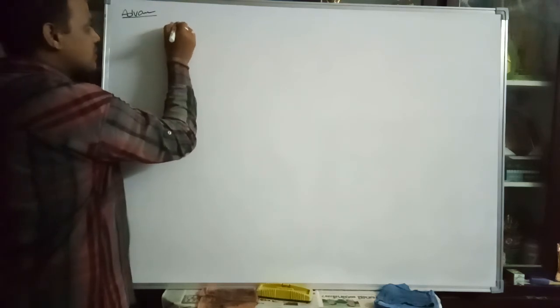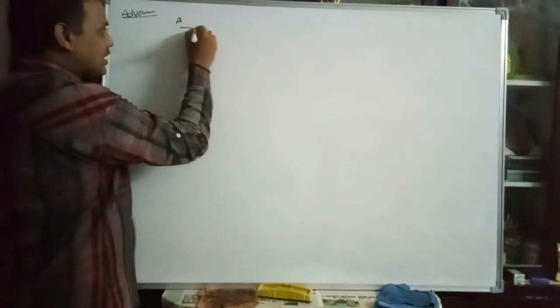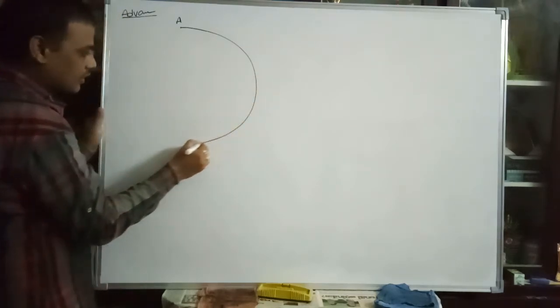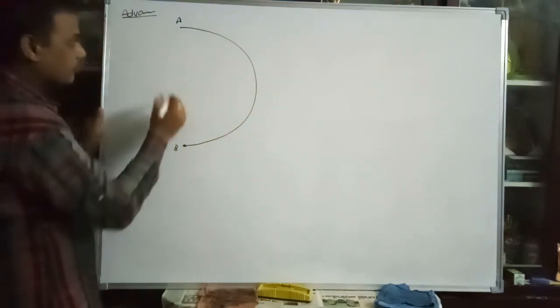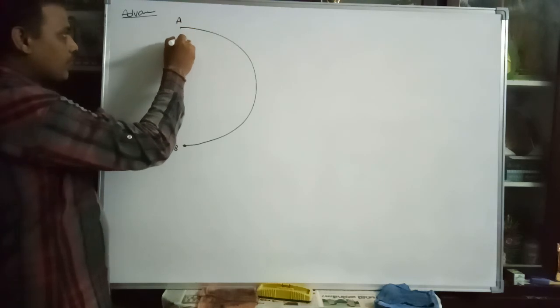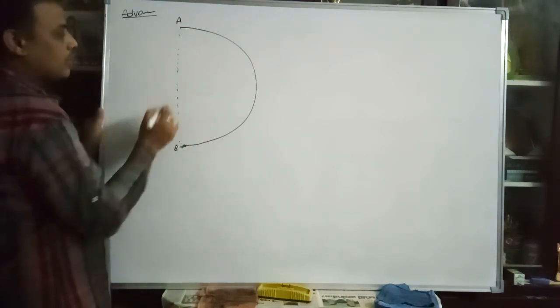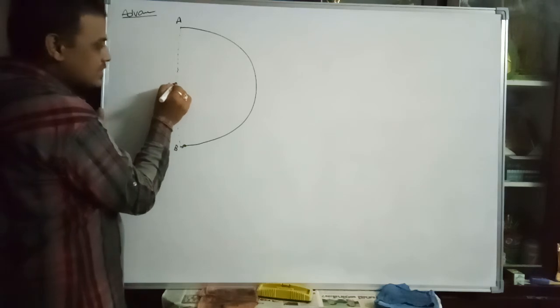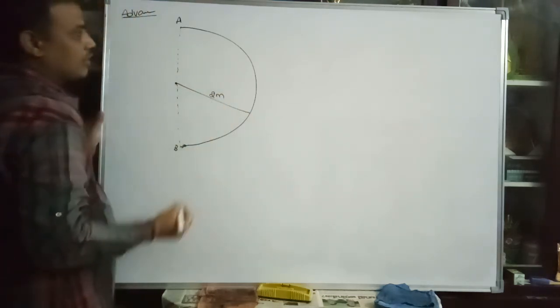A person starts at point A, travels on the circumference of a circular path like this and reaches point B. The radius of the circular path is exactly 2 meters.